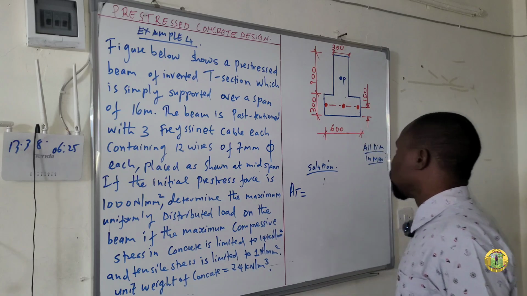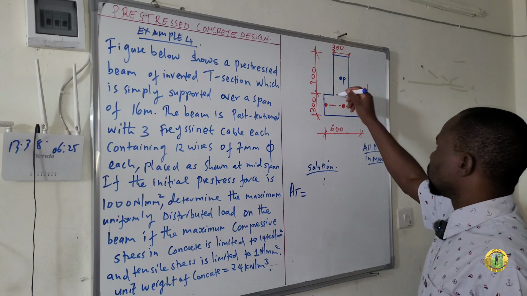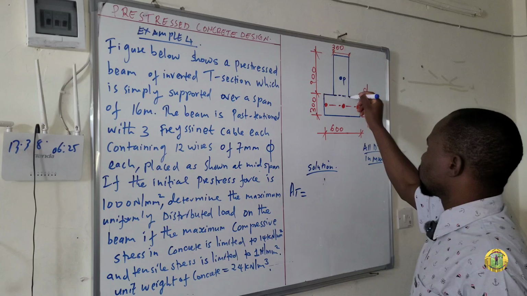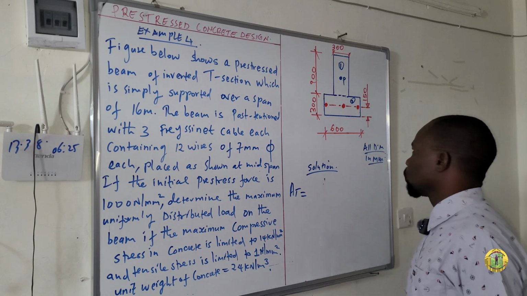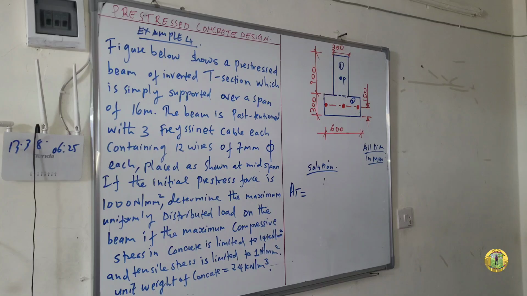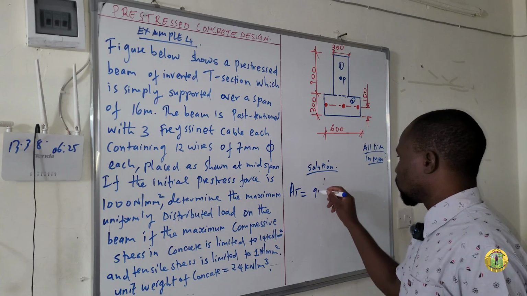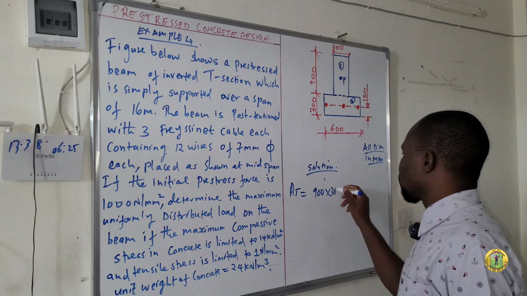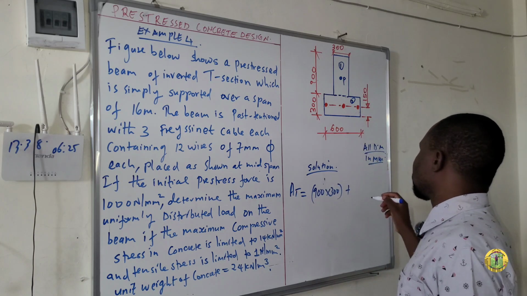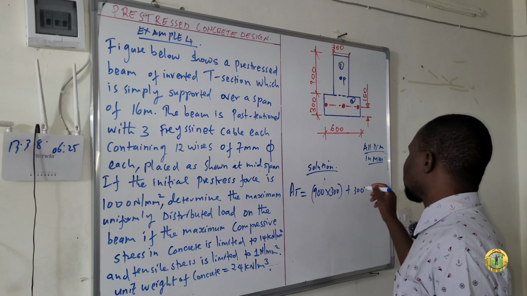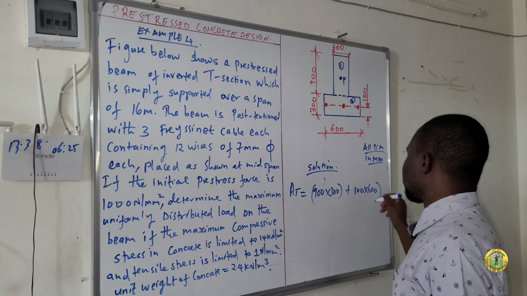To get the total area, you divide this section into 2 figures, figure number 1 and figure number 2, then determine the area of each figure and add them. For figure number 1, the area is 900 times 300, plus figure number 2, which is 300 times 600.